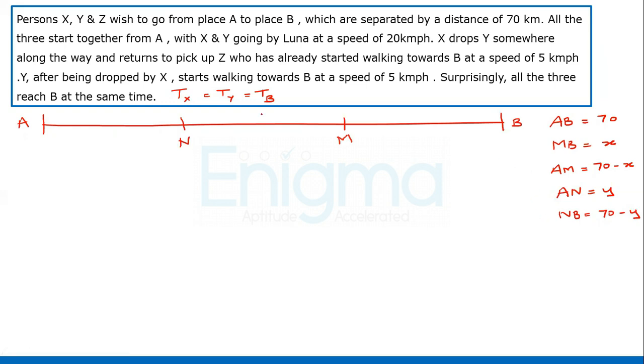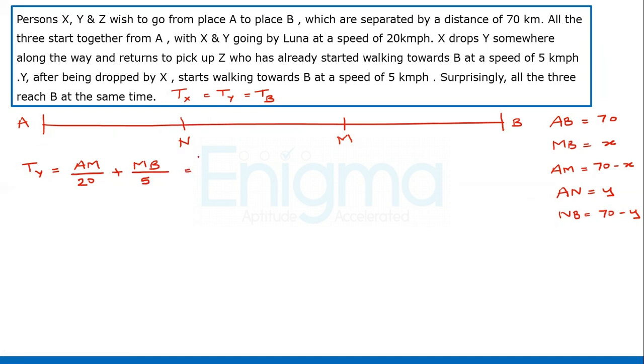Now, let's find out the time required for Y. Now, Y is traveling from A to M on Luna, that means at a speed of 20. And after that, he is walking at a speed of 5. So that means he covers distance MB at 5 kilometers per hour.